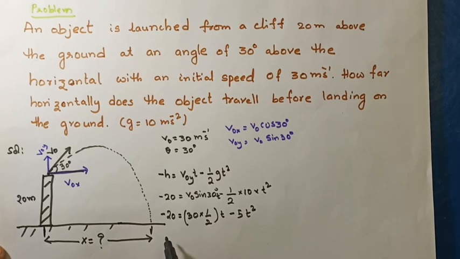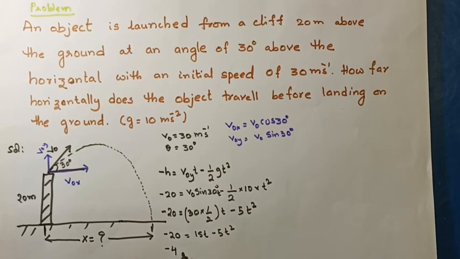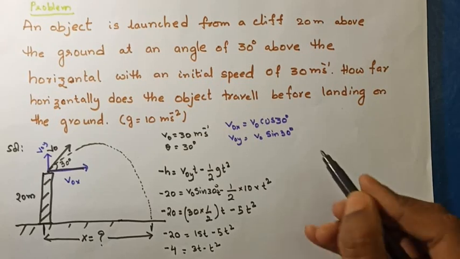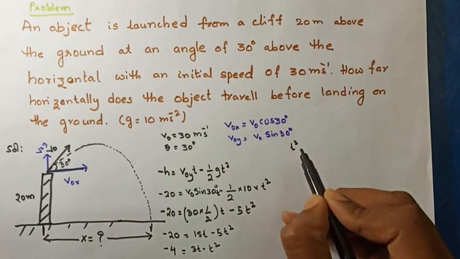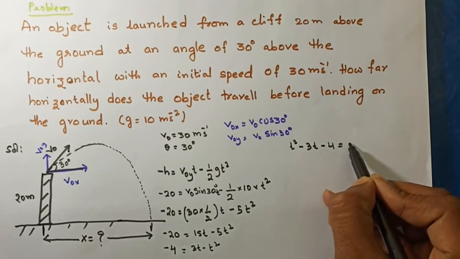So now minus 20 is equal to 15t minus 5t square. We will divide by 5 so that it can be simplified. Minus 4 is equal to 3t minus t square, right? Now let's say on the left side, t square minus 3t minus 4 is equal to 0.